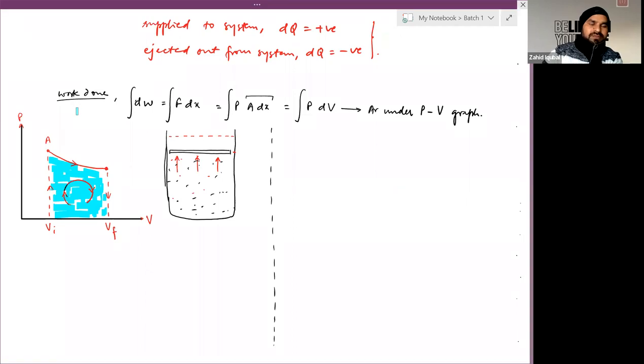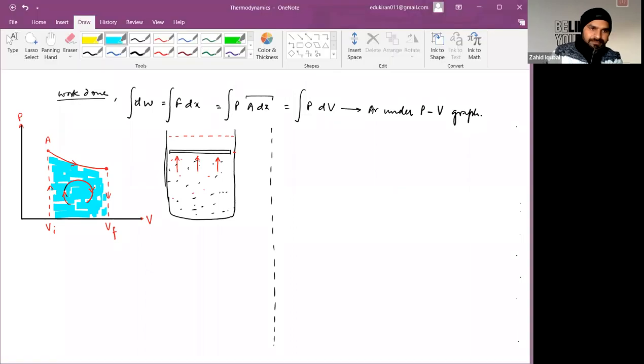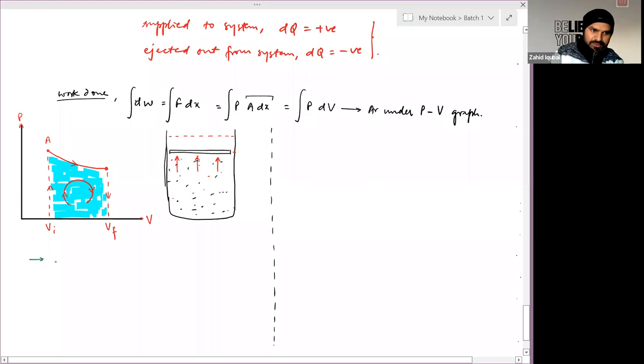let me define different parts related to this. First, the final volume is greater than the initial volume, so the change in volume will be positive. It means work done will be positive. In this part, volume is increasing. It means expansion of gas.